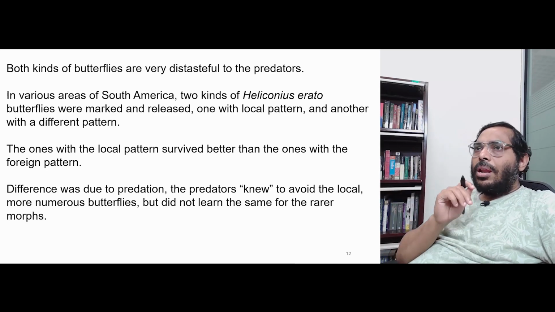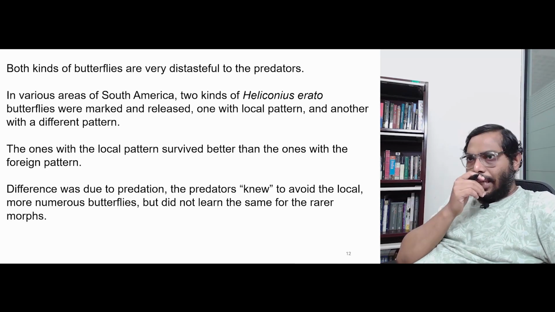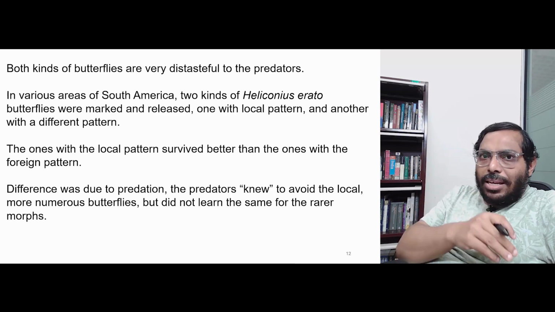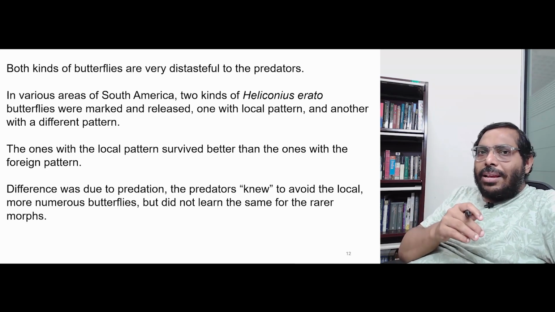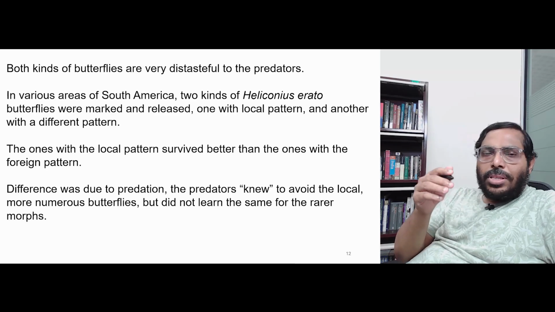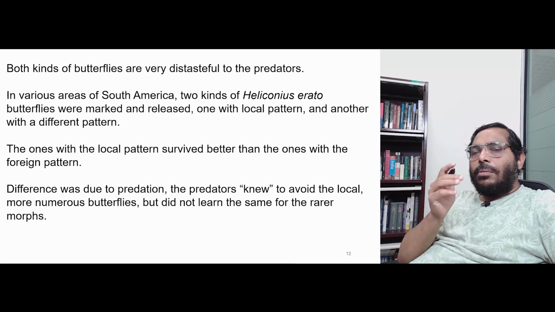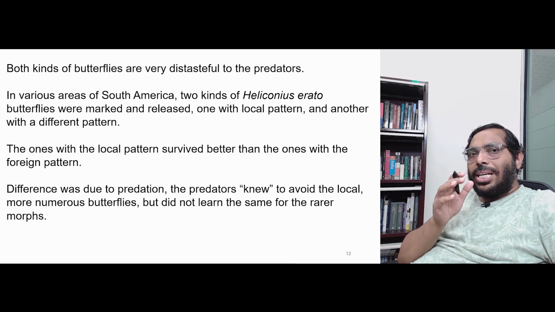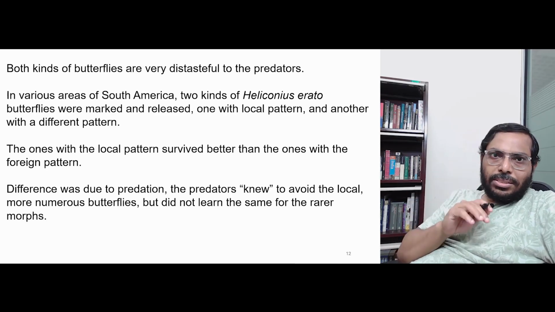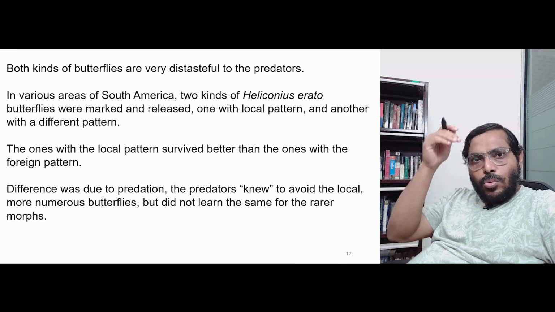If the prey is not common, then the predator will tend to forget that it can't eat this kind of prey. Now, whenever you introduce something from outside, as they did in this experiment, if those individuals had the same pattern as the local one, then the predator mistakes them for the common local pattern. However, the moment the predator sees something with a different pattern, it does not know that this is one it does not want to eat, and therefore it starts killing it.